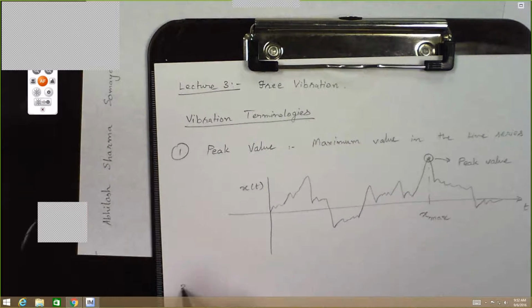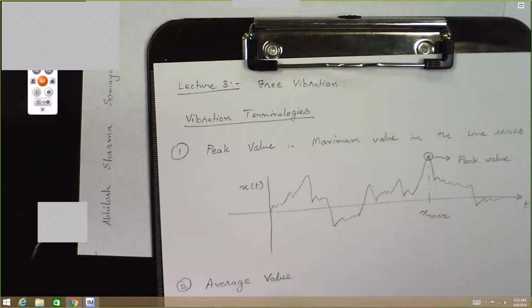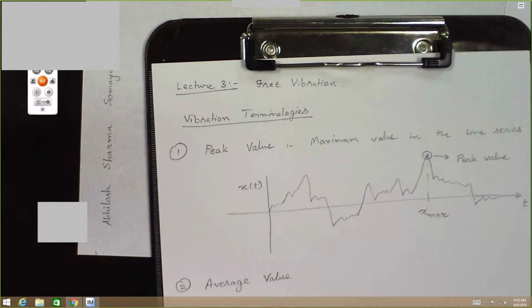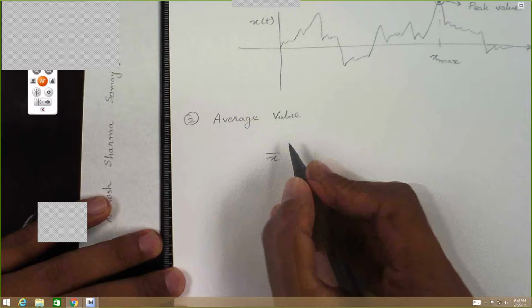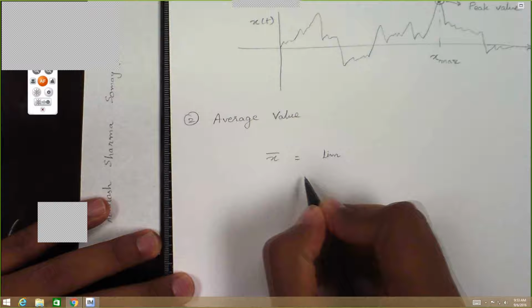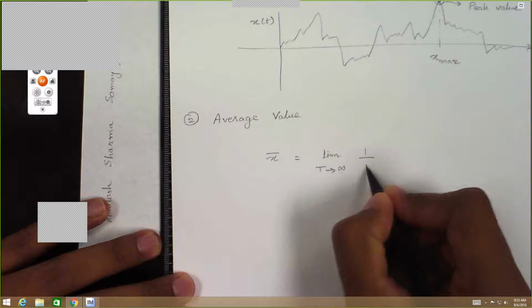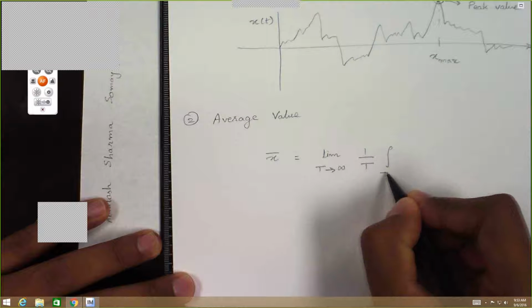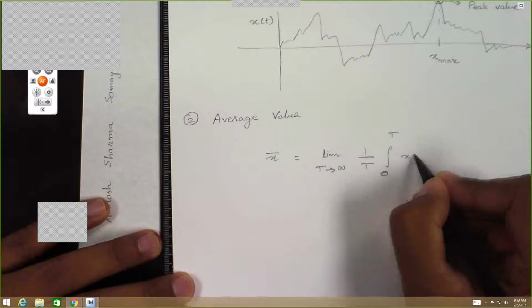The second quantity we define is average value. And we denote it by a bar over the x, as x bar. And x bar is given as limit t tends to infinity 1 over t integral 0 to t x of t dt.